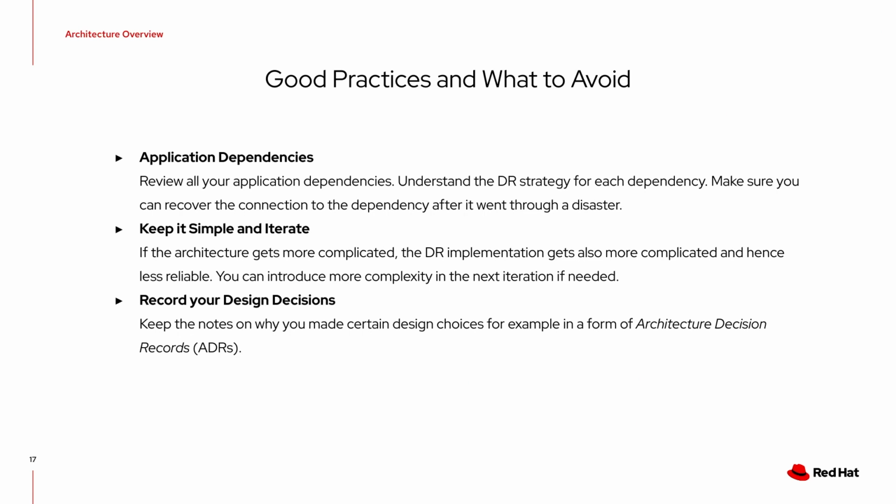The second good practice was that we try to keep everything simple, and if we need more complexity or want to achieve something more, then iterate from there. You saw on the diagram that we really use just one Argo CD for the whole architecture. It was possible for us because the team which is managing the applications as well as the cluster configuration is the same team, so we didn't really need a separate Argo CD, for example, for the sake of security, to have two different instances for two different teams.